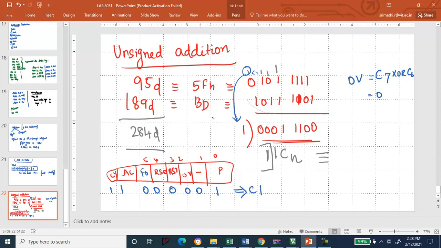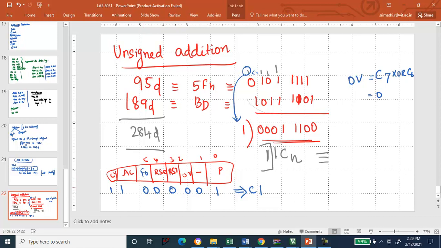And now if I have a 9th bit generated as a result of the arithmetic instruction, your carry flag will be set to 1. So your carry flag is 1, the auxiliary flag is 1, and this bit is reserved for future use that we are not going to use, so that is 0.